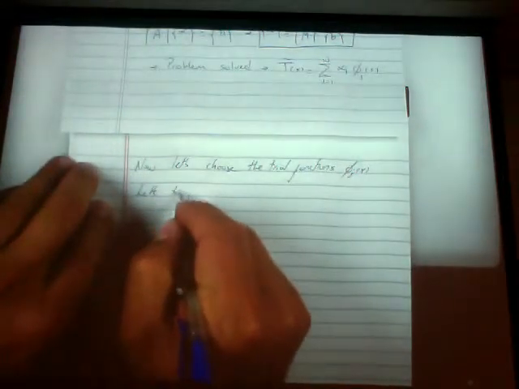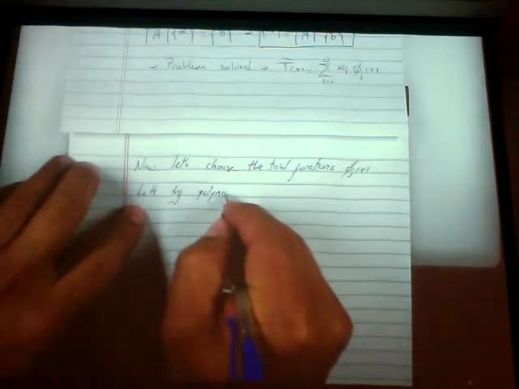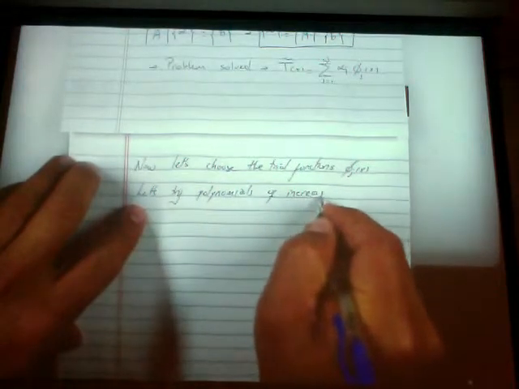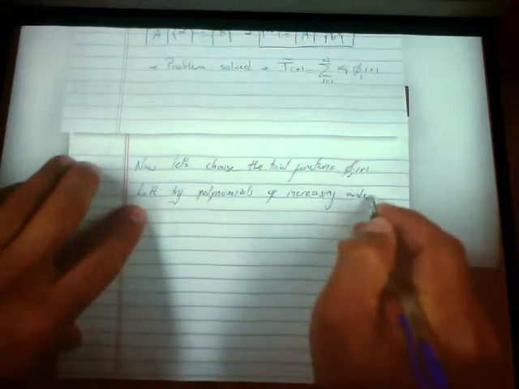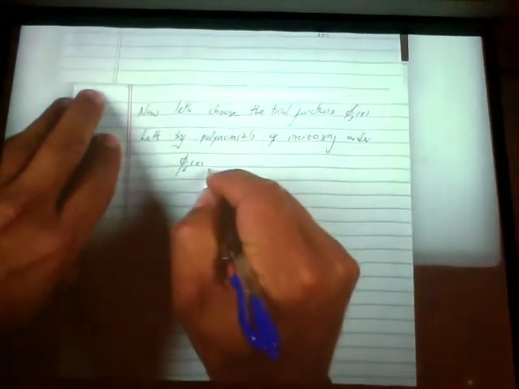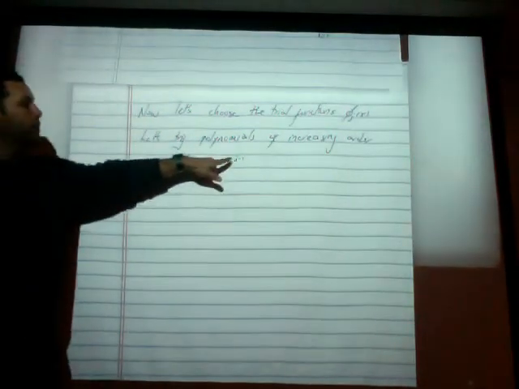Okay, so let's try polynomials of increasing order such that phi j of x is equal to x to the j minus 1. So the first function, when j is equal to 1, is 1.